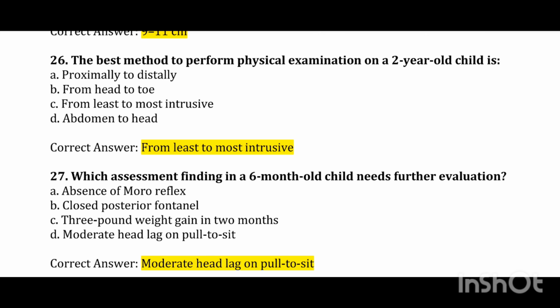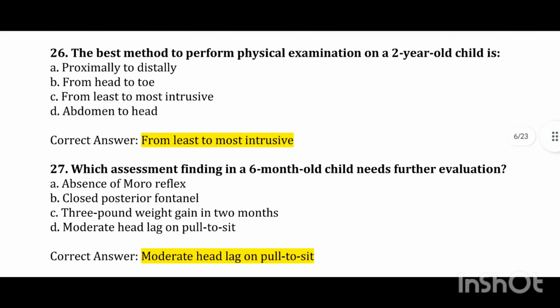So head lagging in a 6-month-old infant requires attention. All other findings are normal for a 6-month-old infant, but option D is not a normal finding in a 6-month-old baby. That's why it needs evaluation. So all of you understand this question.